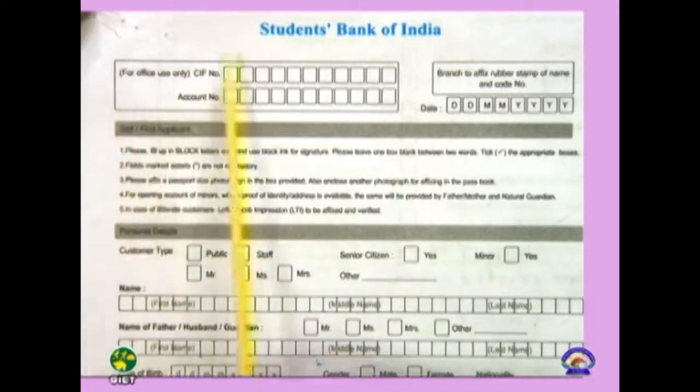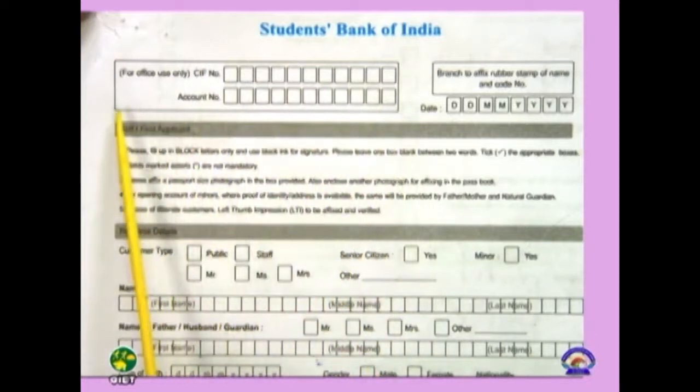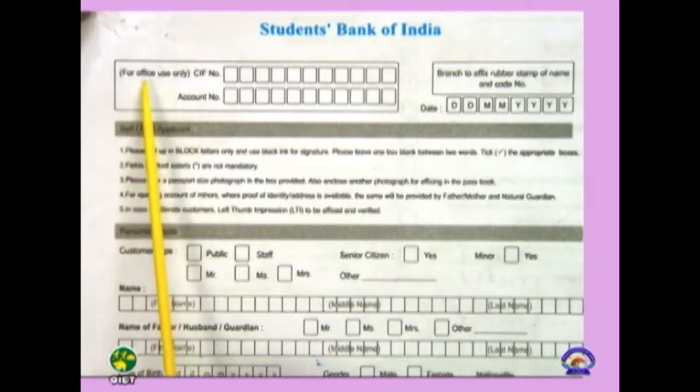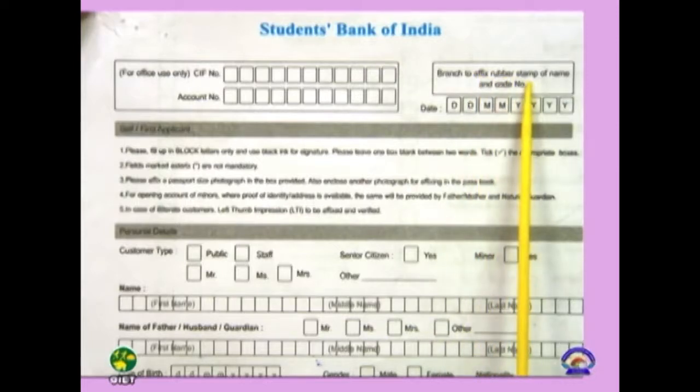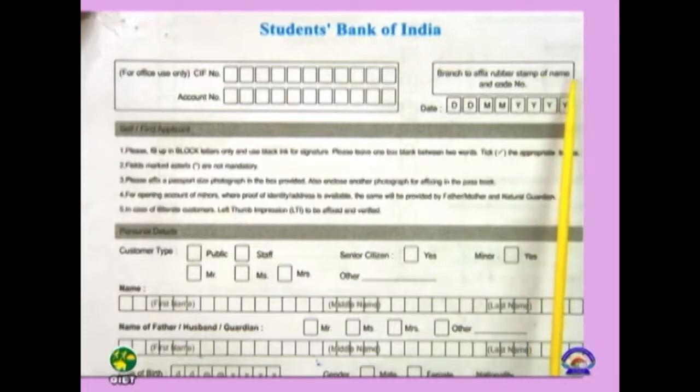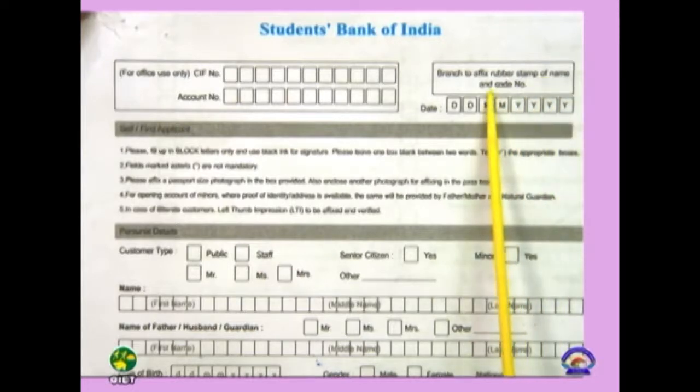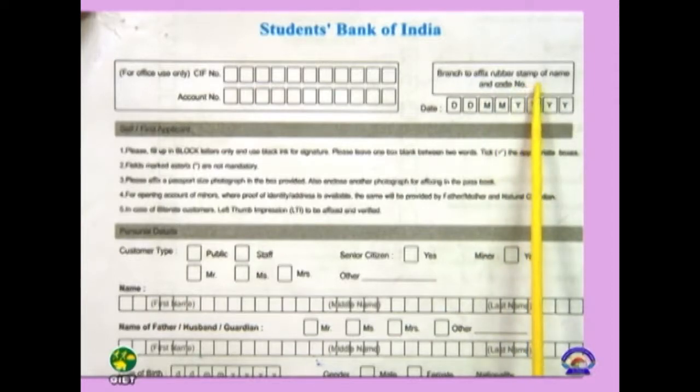Now students, this section will be filled by the bank because it is written office use only. So we will not fill this section. Branch to affix rubber stamp of name and code number. This is also filled by the bank.